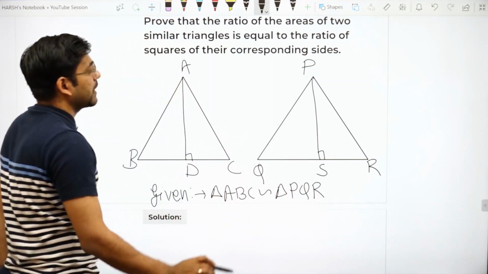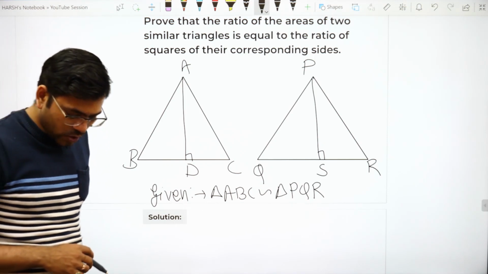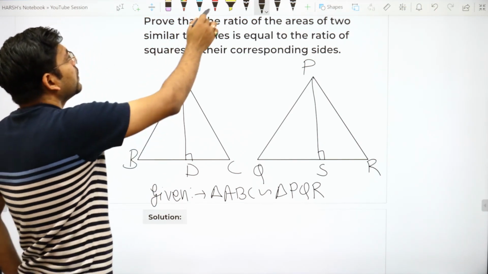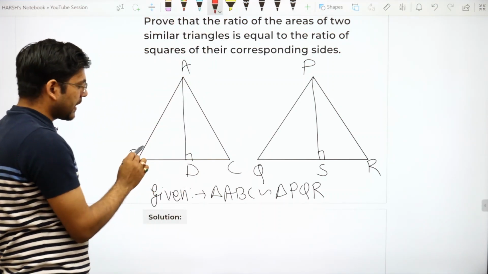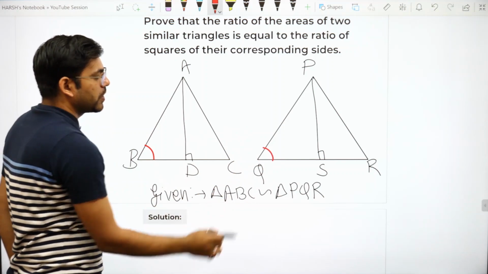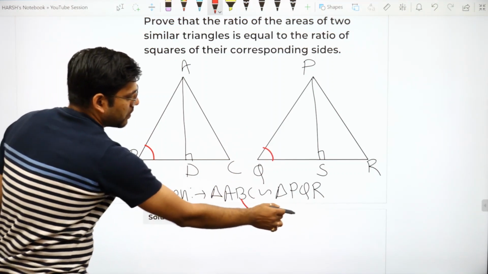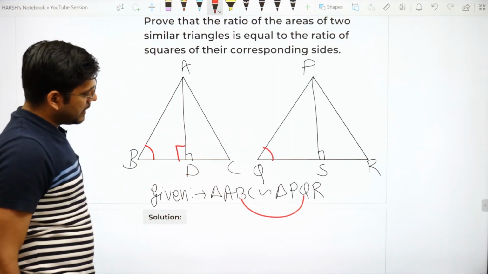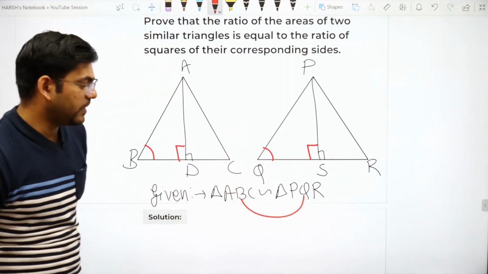Now if this is similar, I won't write all the steps. I'll just make you understand how this question will be solved, so that you would be able to write the steps on your own. Now, yes, if both the triangles are similar, this angle B would be equal to angle Q, isn't it? Angle B will be equal to angle Q. Also this angle D will be equal to angle S because it is 90 degrees.